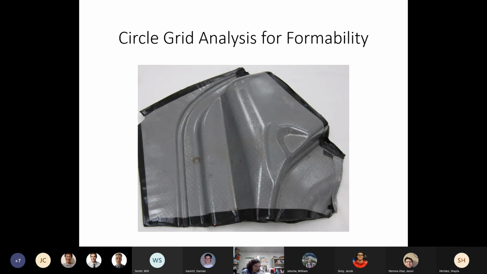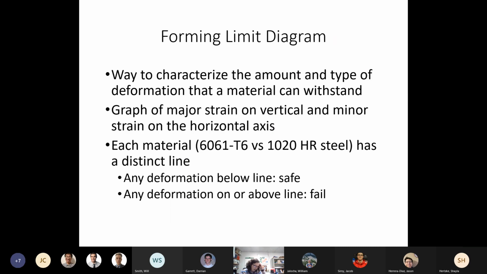Here we have the circle grid, and there are a number of circles. Some have become ellipses, some have become larger circles. So we use how a circle changes shape to get our dimensions for strain. We really work with strain or deformation here.